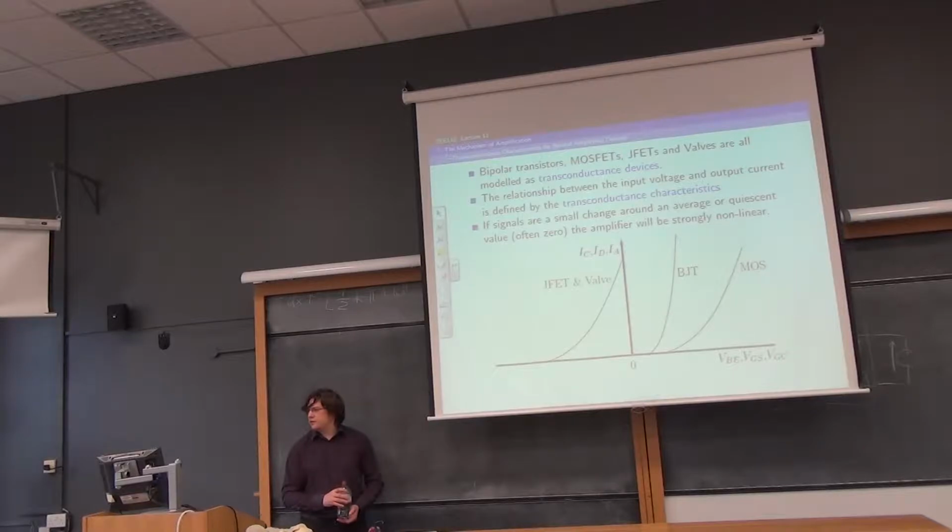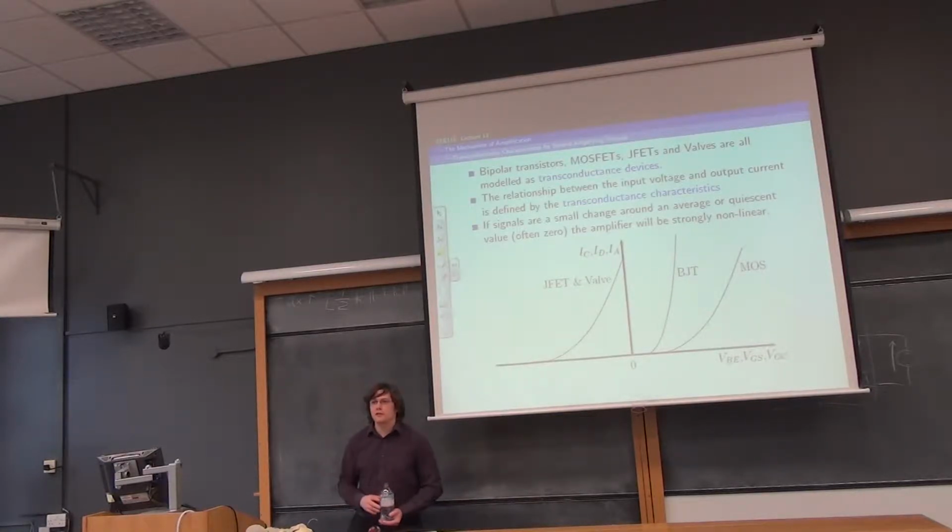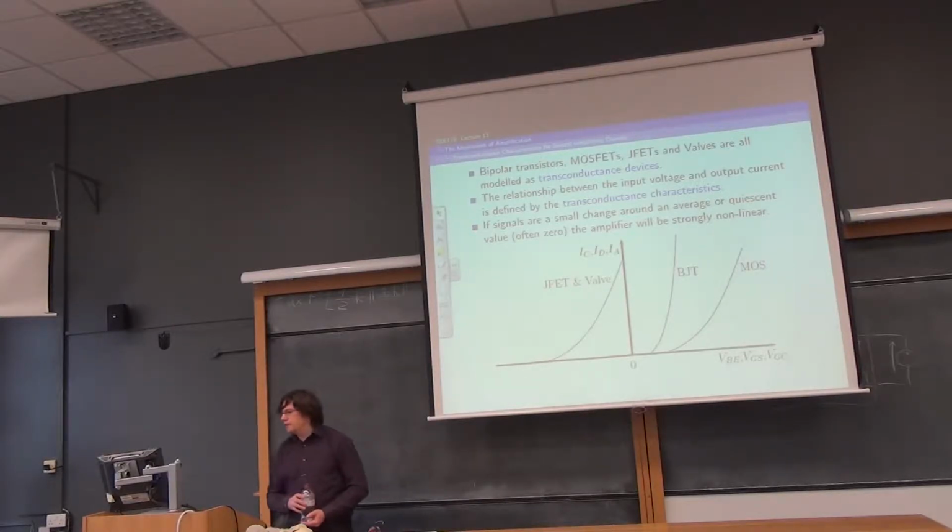And the relationship between the input voltage and the output current is called the transconductance characteristic. It's one of the characteristics that I talked about a couple of lectures ago, and it's in the handouts that I gave along with that lecture as well.